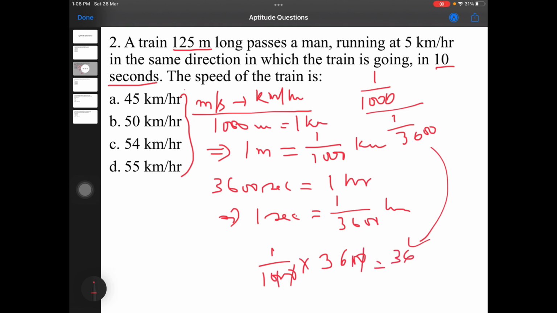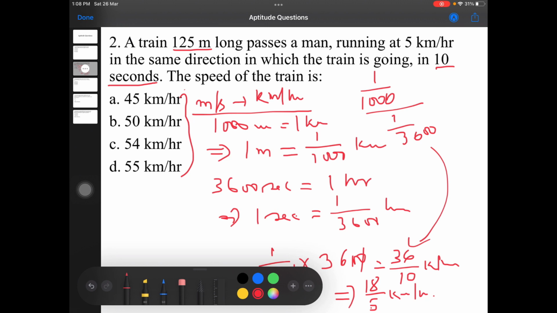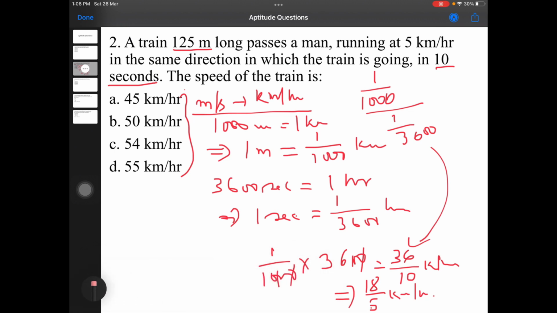It will become like 36 by 10 kilometer per hour. We can write it 3.6 kilometer per hour, or we can write it like 18 by 5 kilometer per hour. From here we can see if we want to convert kilometer per hour to meter per second, we can multiply the speed by 5 by 18, and if we want to convert meter per second to kilometer per hour, we have to interchange the value like 18 by 5.